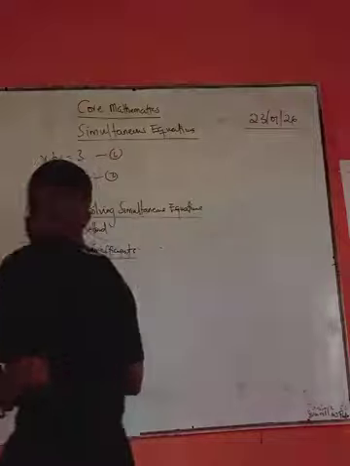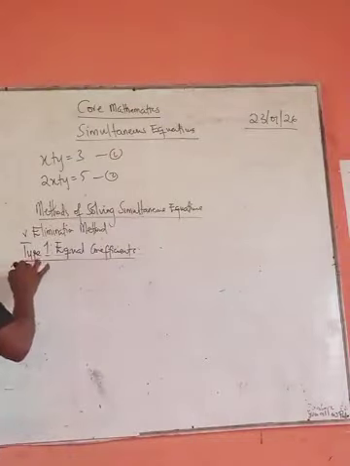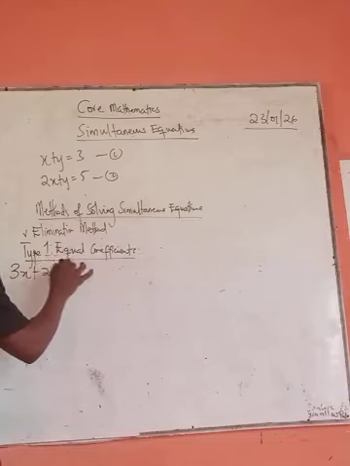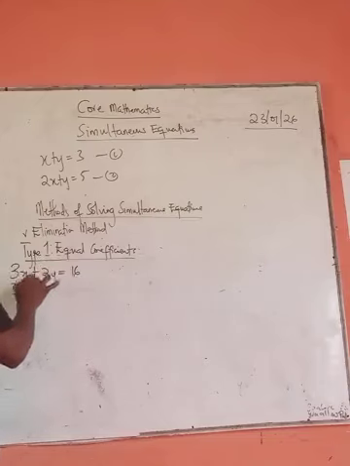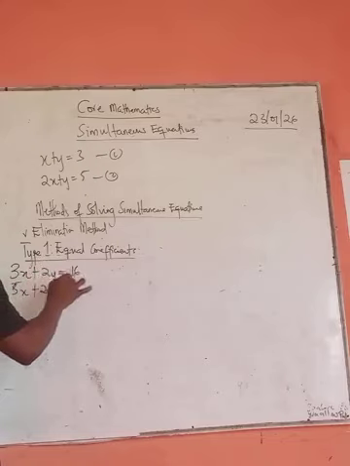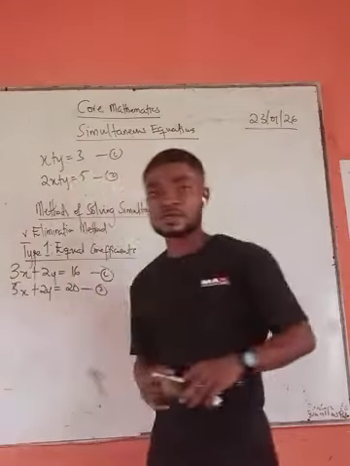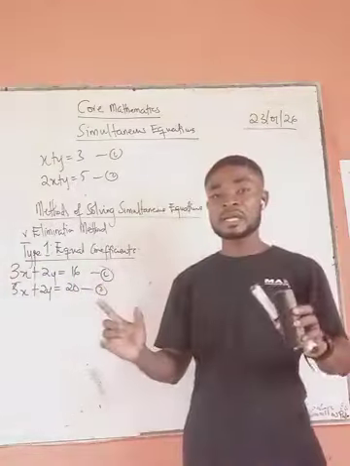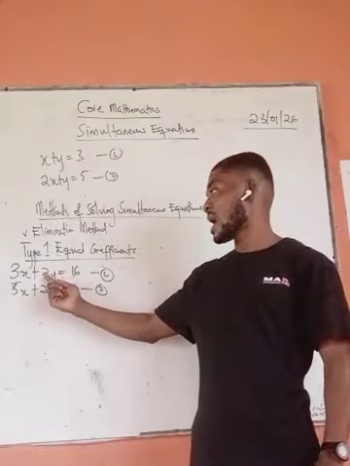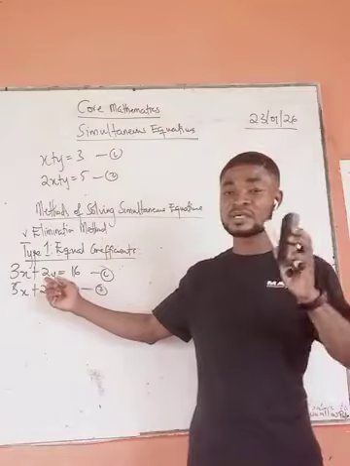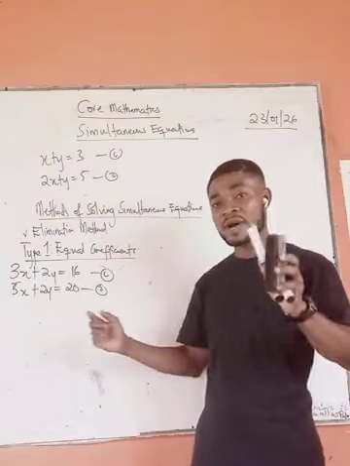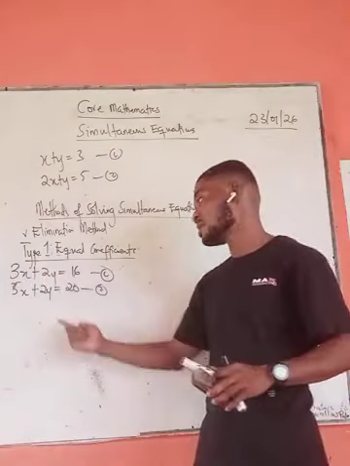Example: from the two equations on the board, it is very clear that y has a coefficient of 2 in equation 1, and at the same time y has a coefficient of 2 in equation 2.